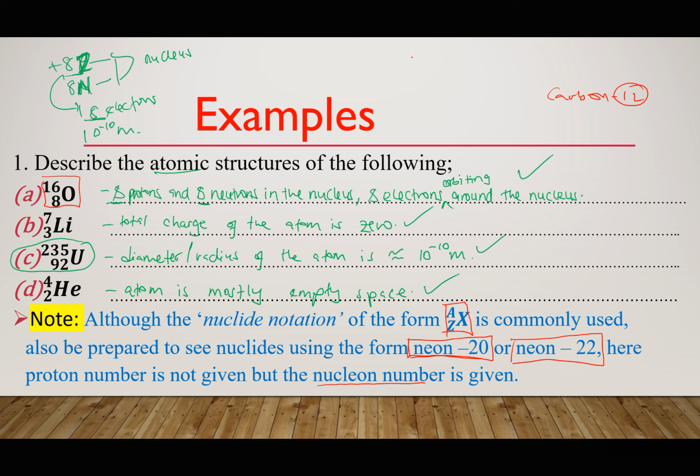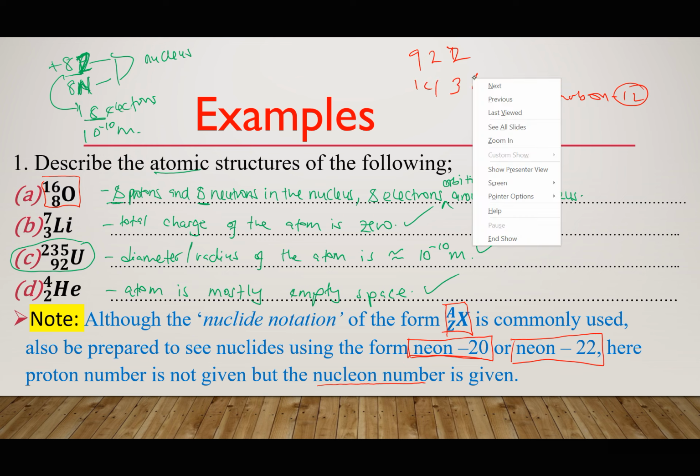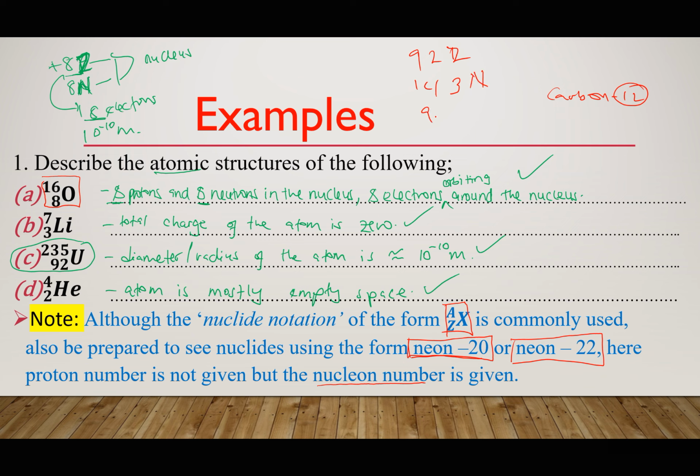Uranium is 238, it has 92 protons, and I think 143 neutrons. Electrons will be 92. So uranium has 92 protons, 143 neutrons, and 92 electrons orbiting around the nucleus.